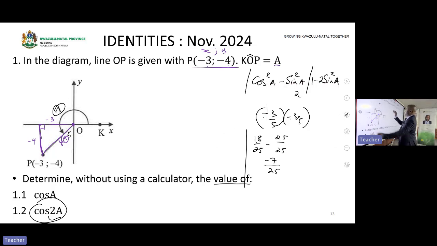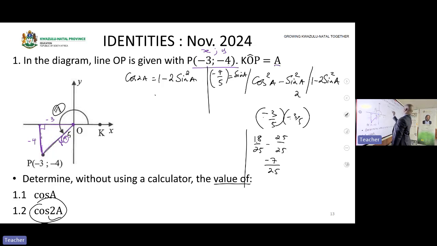For the one with sine, cos of 2A is what? It is 1 minus 2 sine squared of A. But what is sine A? Sine A in this information will be -4 over 5.